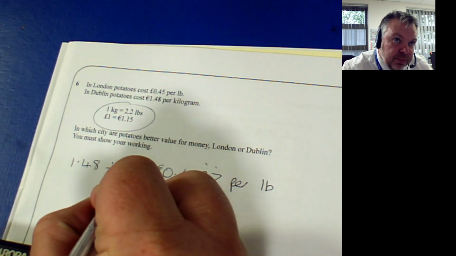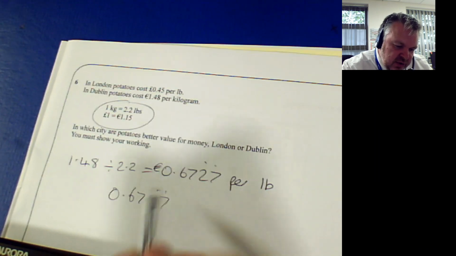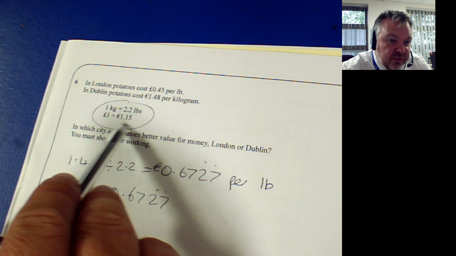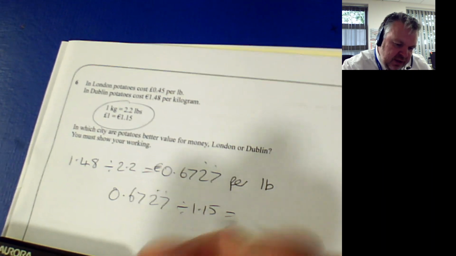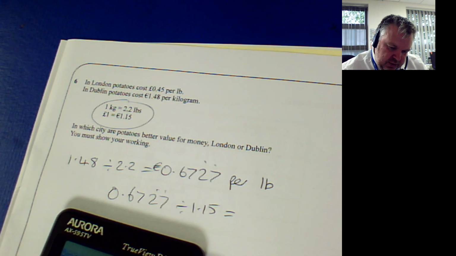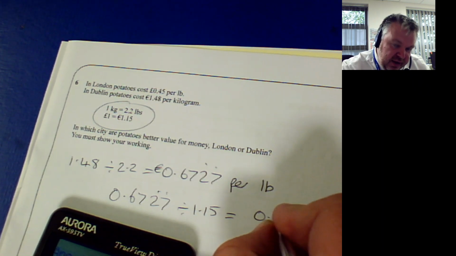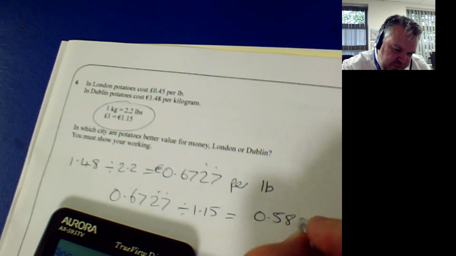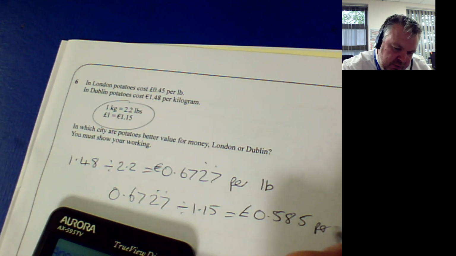So 0.6727 recurring, and I'm going to convert it using this conversion, the 1.15. So dividing by 1.15 gives me 0.58 and a bit. I'm going to go 0.585, and this is now pounds per pound.